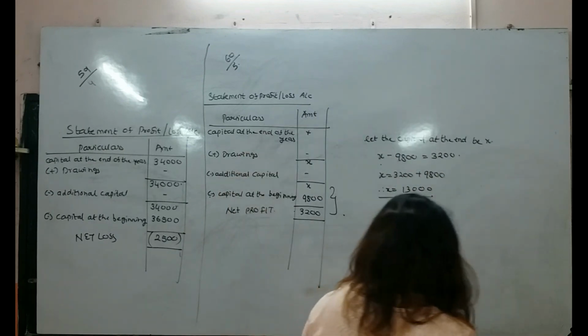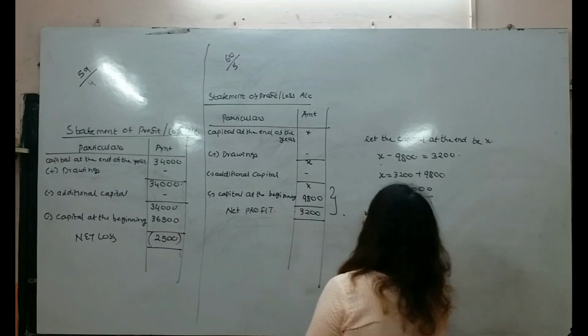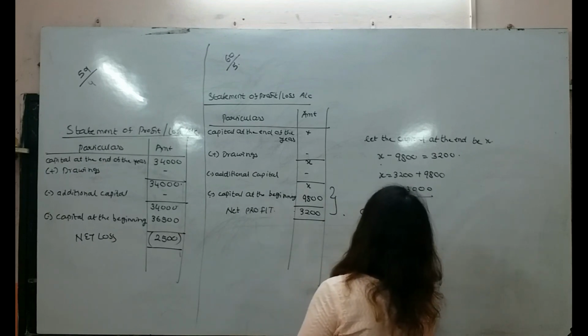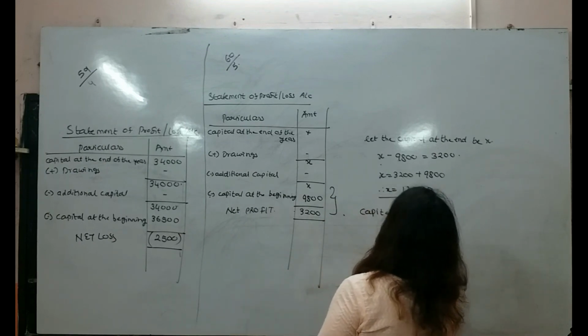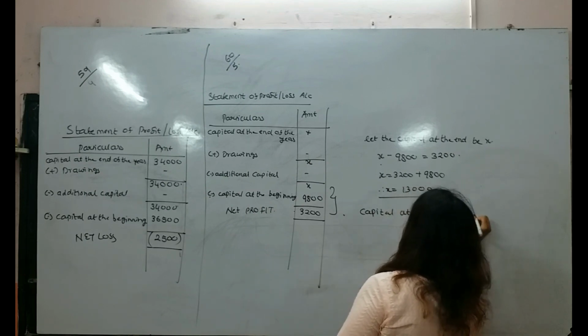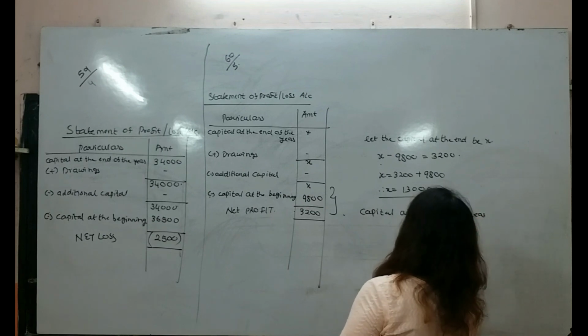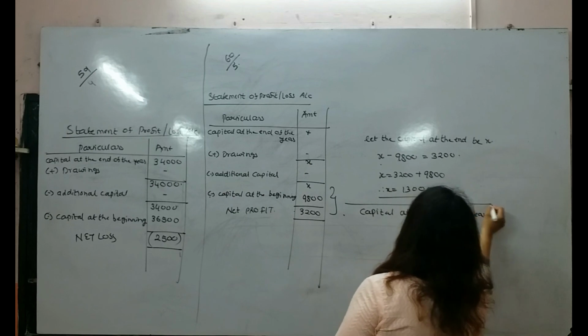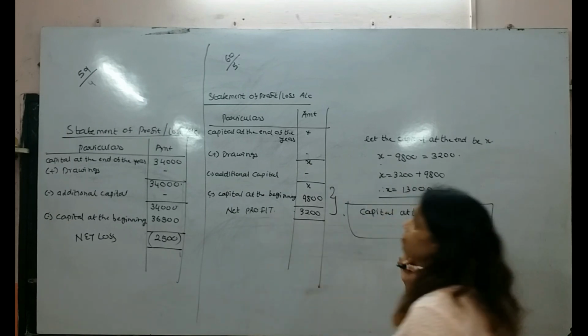Now what do we mean by x? x means capital at the end of the year is equal to rupees 13,000. This was problem number 5.